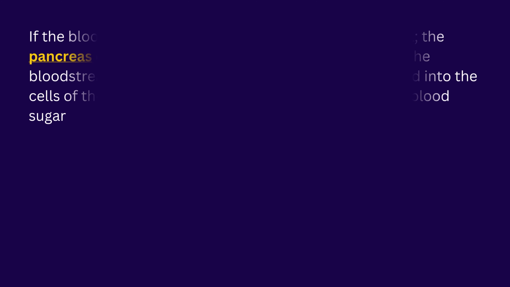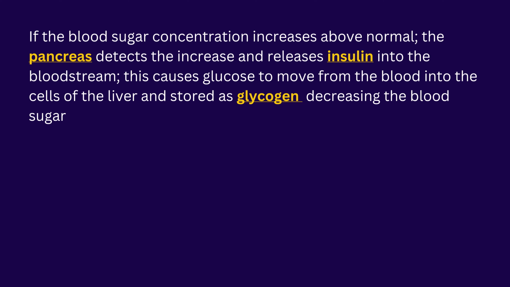Let us now put the points together so that if you were to get a question like this, you would know what to write. So students, remember you were instructed to describe how insulin and glucagon are used to control the blood sugar concentration. Alright, so first point is that if the blood sugar concentration increases above normal, the pancreas detects the increase and releases insulin into the bloodstream.